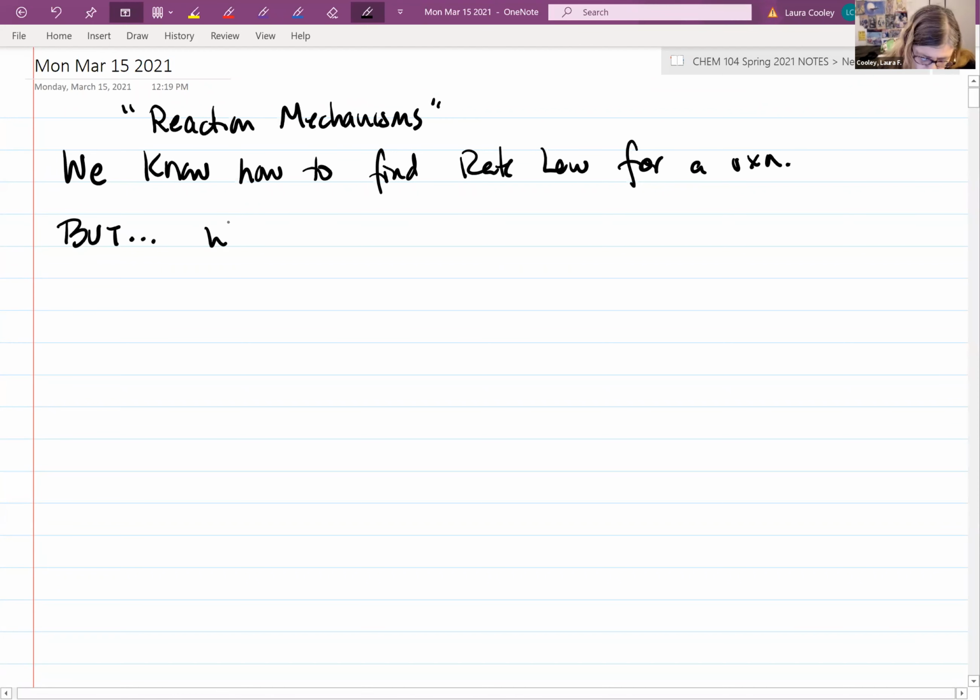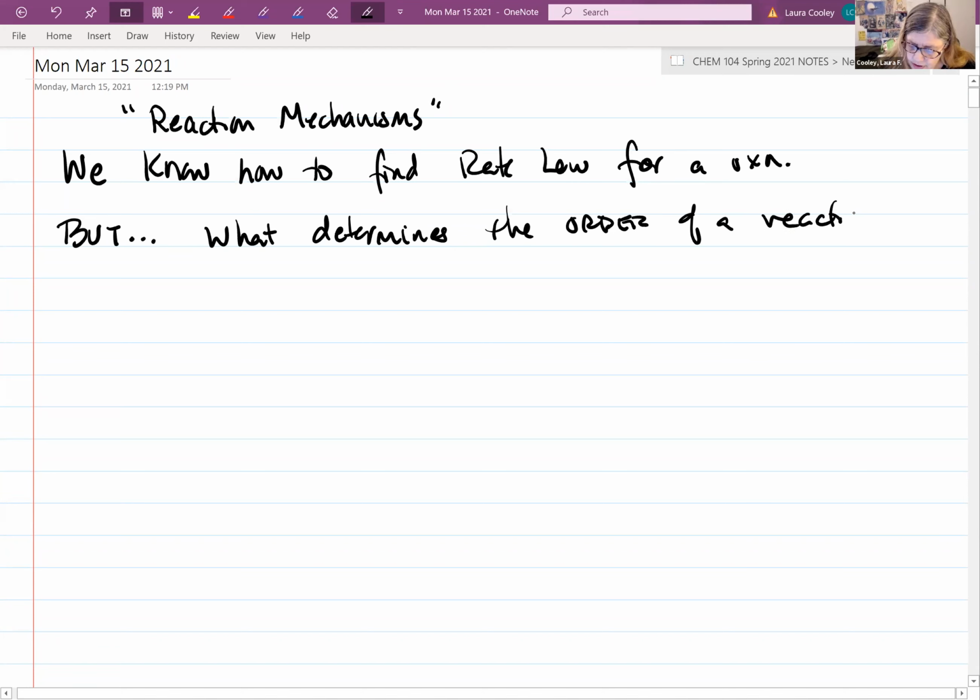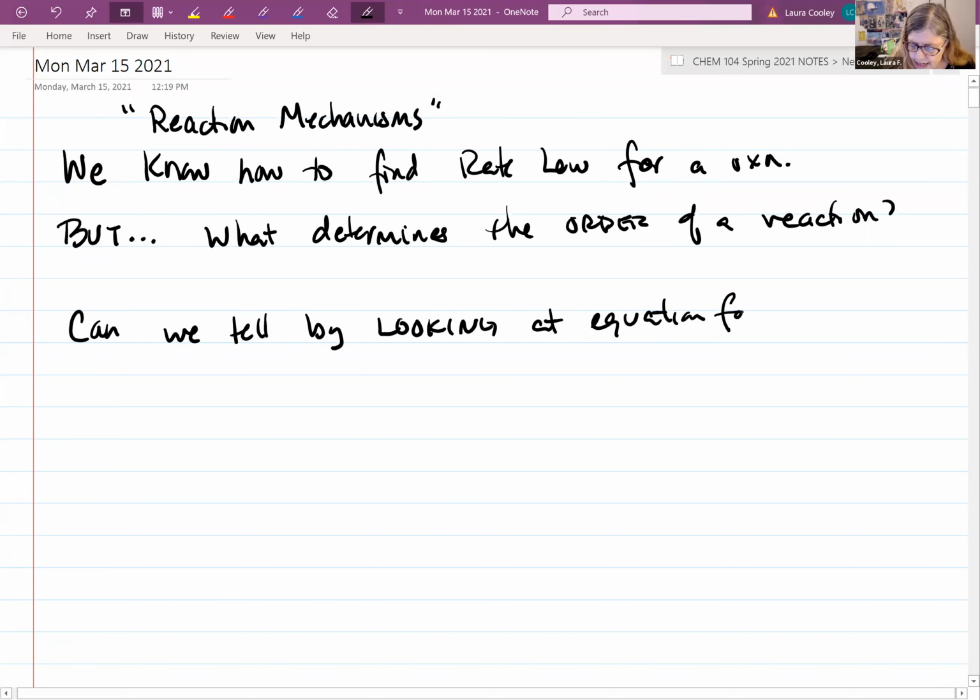What determines the order of a reaction? Why are some first, second, third, whatever? What determines that? And can we tell just by looking at the equation for a reaction what the order is?